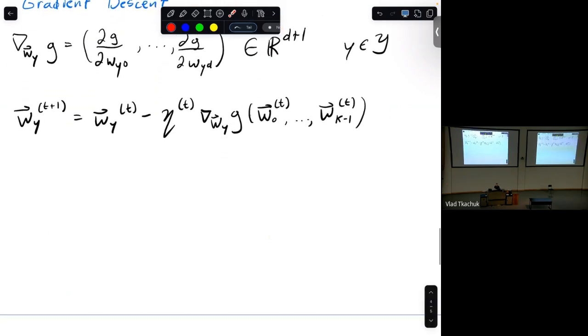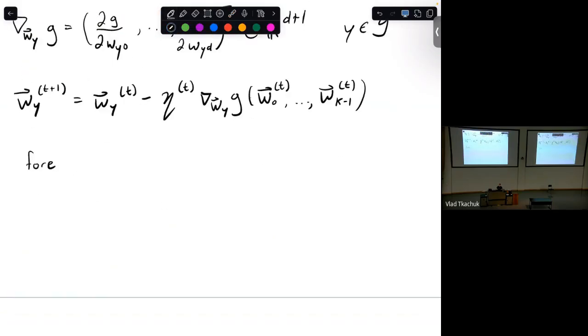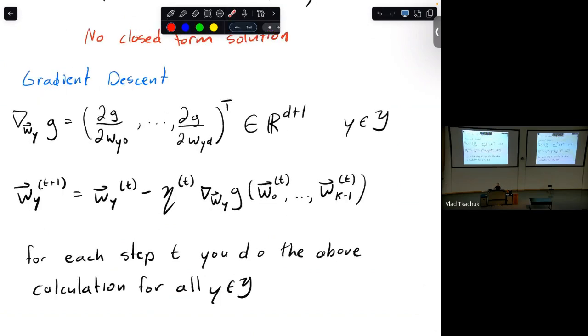And the way this procedure works is, for each gradient step t, you do the above calculation or step for all y in Y. In other words, when you're implementing this, you do all of these steps for all the y's, and then you go to the next iteration.